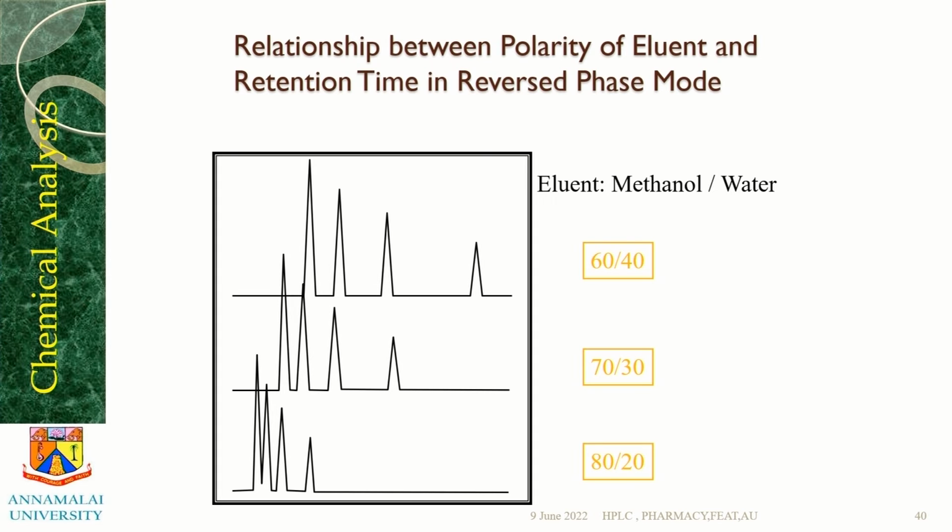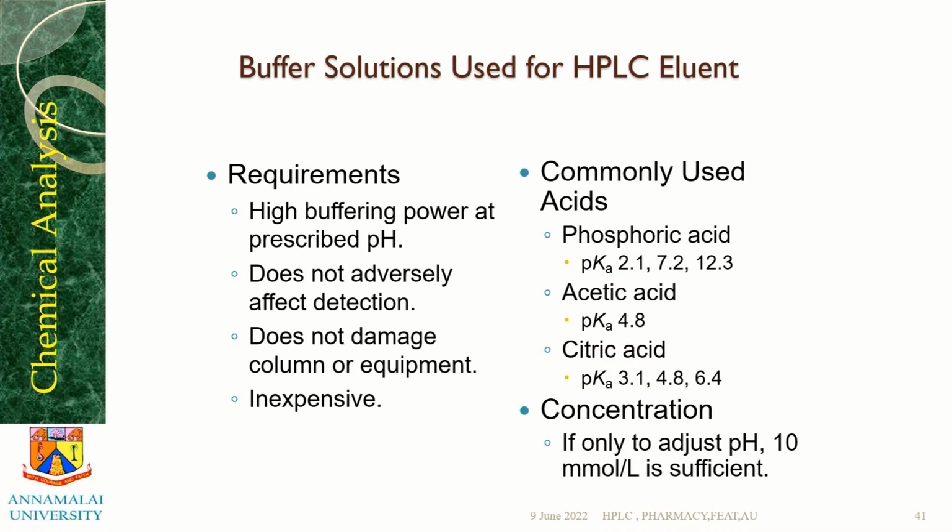We are increasing the methanol ratio to 70 percent, so the retention time is reduced to 6 minutes, and if you increase the methanol ratio to 80, it reduces the retention time to 5 minutes. So, almost 50 percent of the time is saved if you increase the methanol. HPLC grade methanol and HPLC grade water are used in 80 to 20 percent ratio.